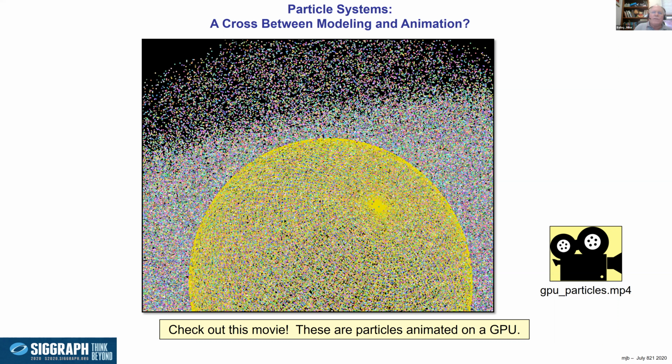Either do it from physics or make them look like what comes off of a flame, or make them look like fireworks, or make them look like sand or blowing dust. There are just so many things you can do with particle systems. And once you're aware of them, you can't stop seeing them. They are just like everywhere in games and movies. So yeah, get used to the phrase.